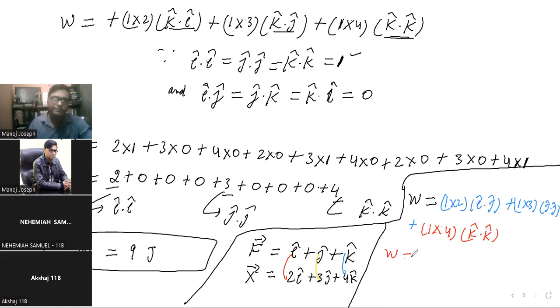So the work done will be 2, 1 into 2 is 2, and i cap dot i cap will give you 1. 1 into 3 is 3, and j cap dot j cap in dot product will give us 1, and 1 into 4 is 4, and k dot k will give us 1 again.